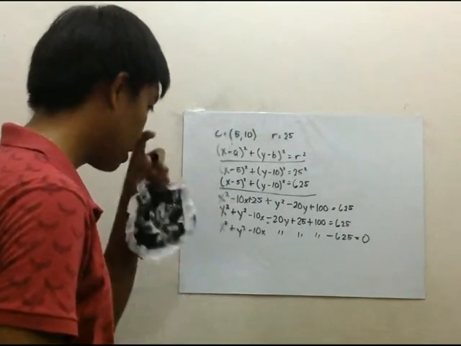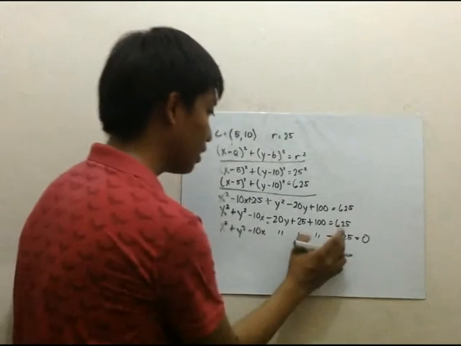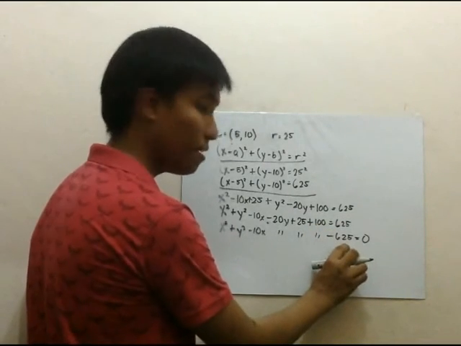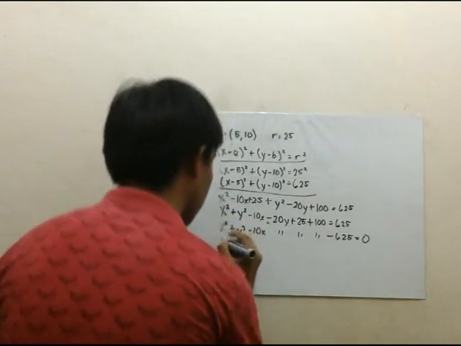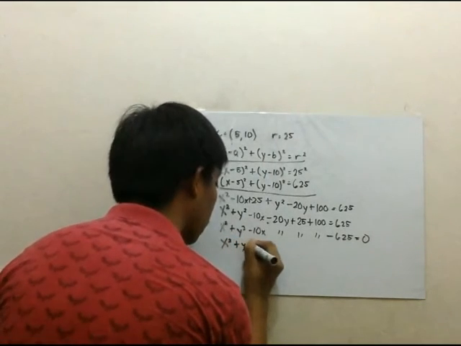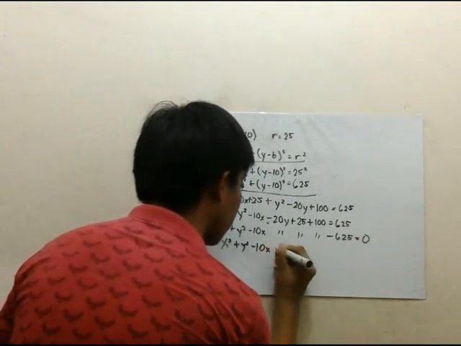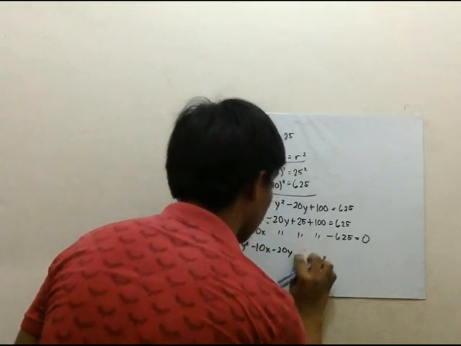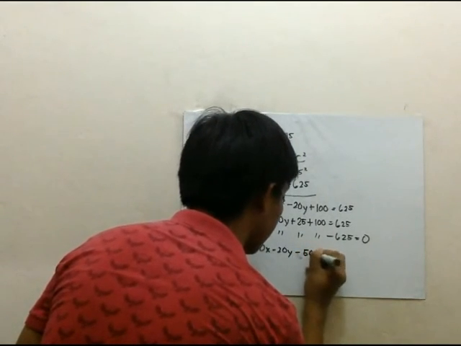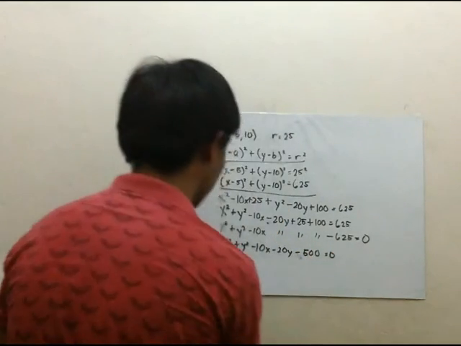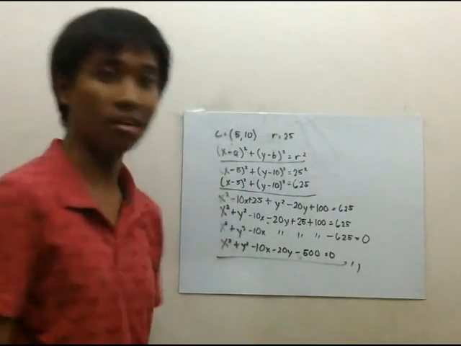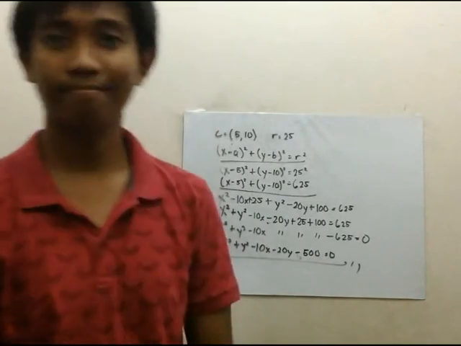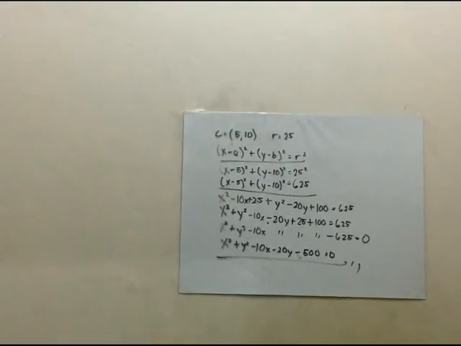So let's add 25 plus 100 minus 625, and the answer is x squared plus y squared minus 10x minus 20y minus 500 is equals to 0. That is our general form. And that's how we do it.